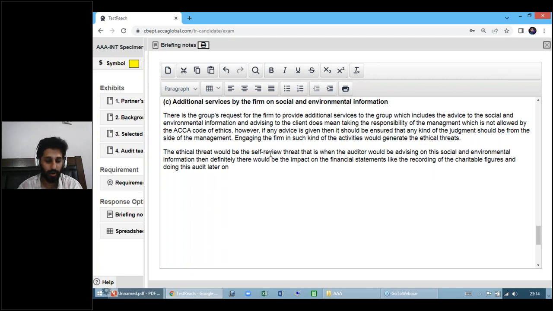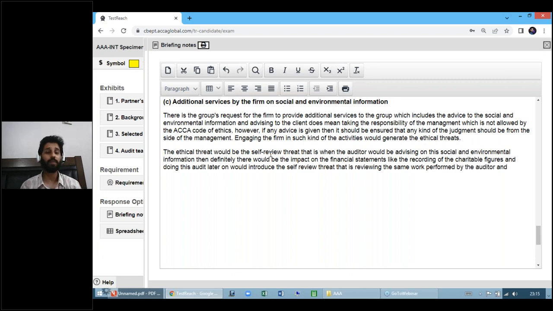Okay, and doing this audit later on would introduce the self-review threat. That is reviewing the same work performed by the auditor.